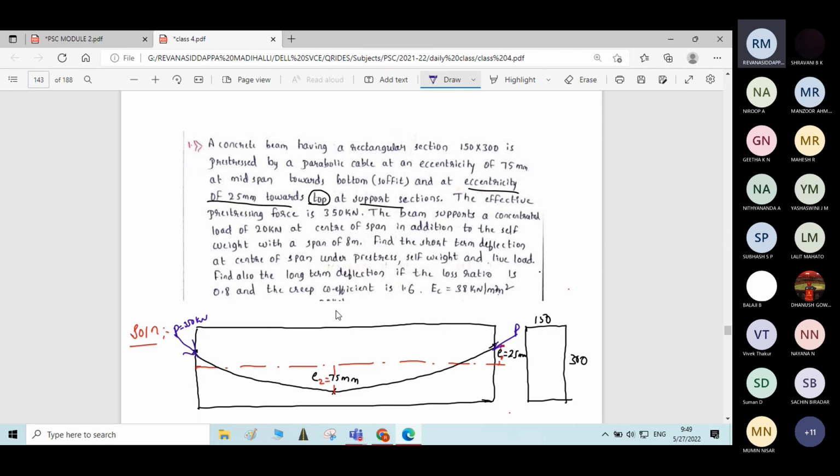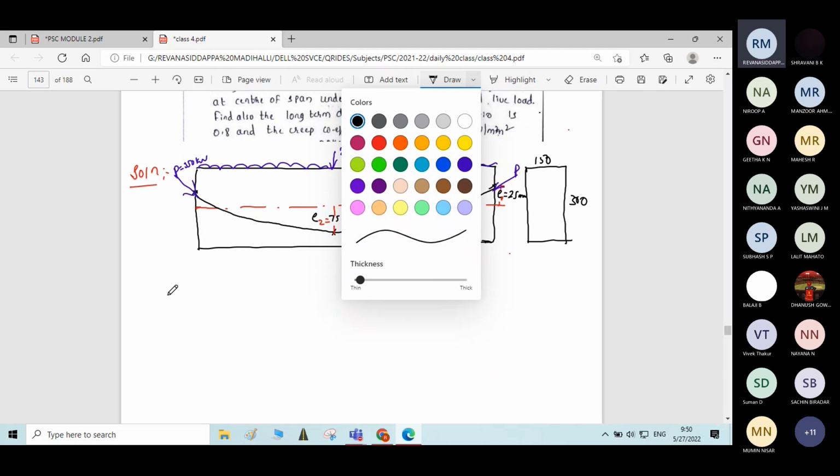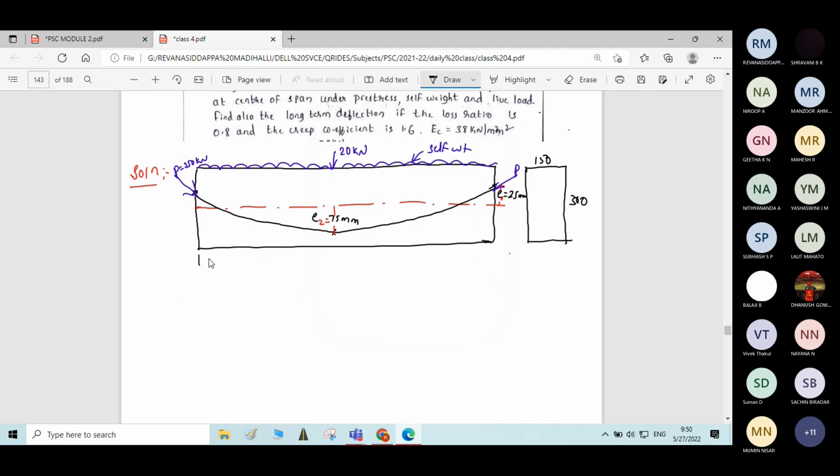Self weight will be in the form of UDL, which I am drawing here. Intensity of the self weight. With a span of 8 meter. Total span of the beam is given as 8 meter.